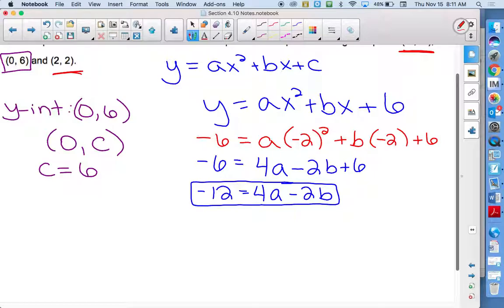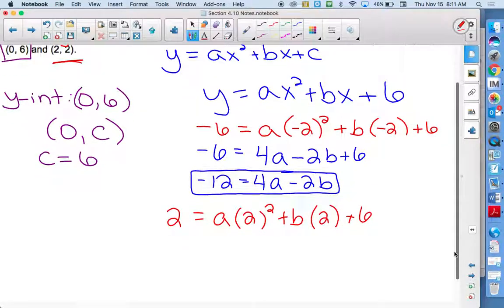So we're going to see if we can plug that in for X and Y. So going back up to this equation here, X is now 2 and Y is 2. So 2 equals A. X is 2, it's squared. We don't know B, but X is 2. And then we still have that plus 6.